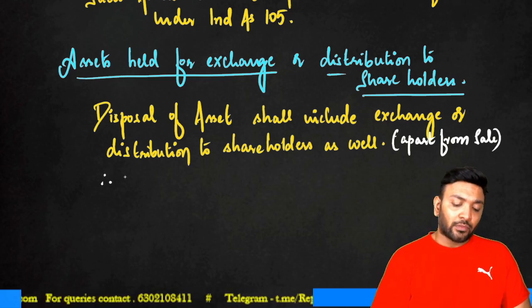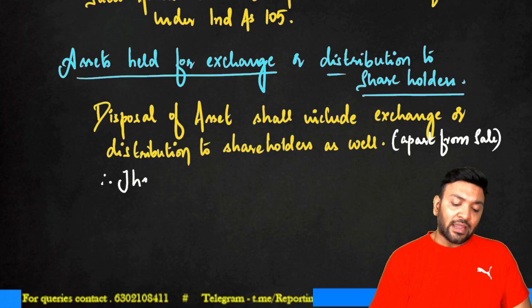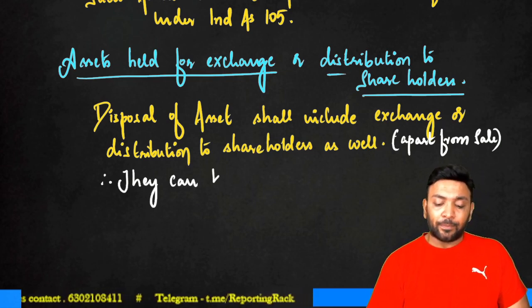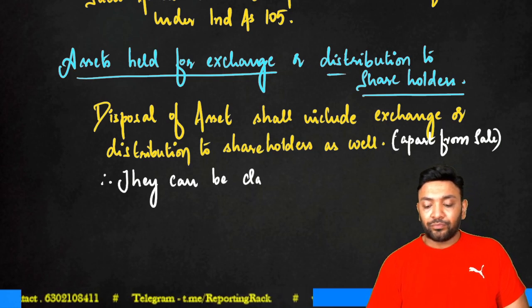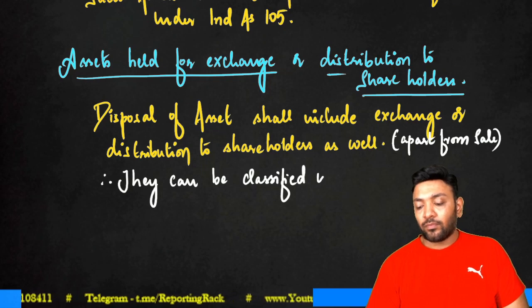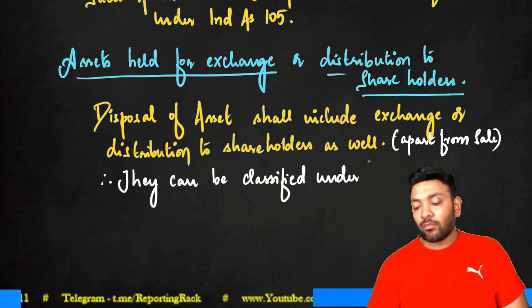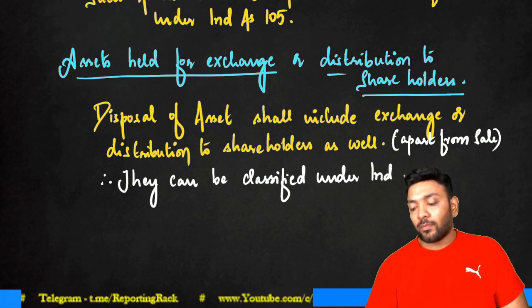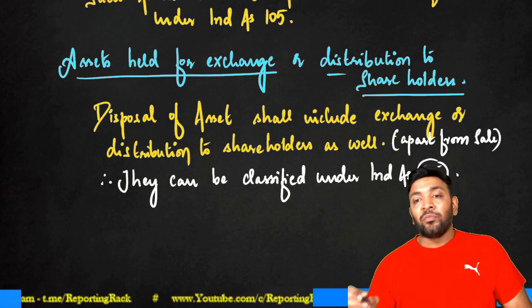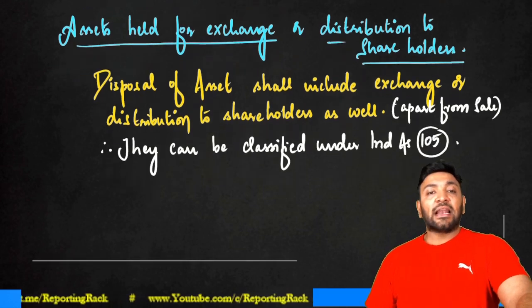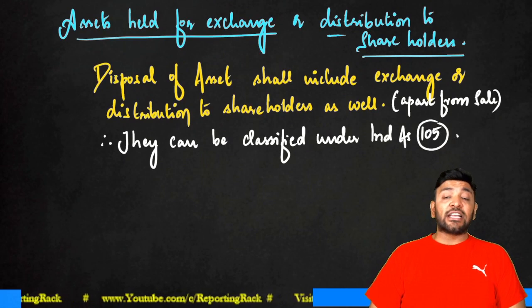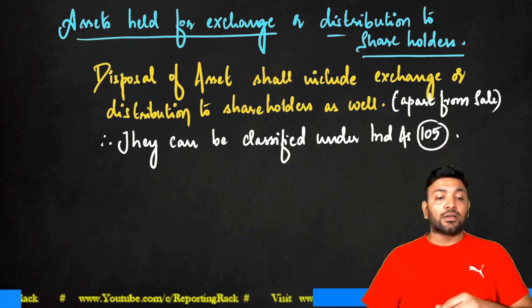Therefore, they can be classified under Ind AS 105 because they are held for exchange or distribution to your shareholders.